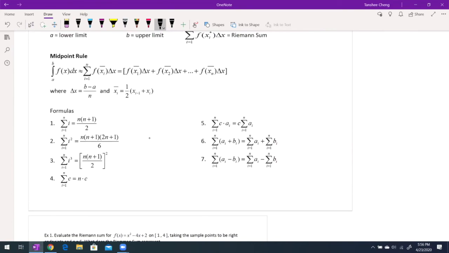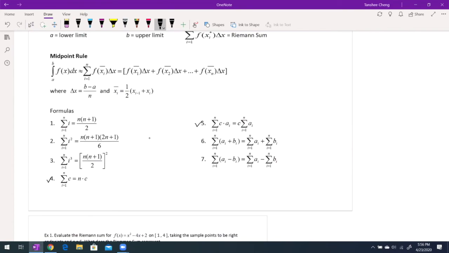And then there are the summation properties. If you have the summation of the same constant number n many times, repeated addition is the same thing as multiplication, so that's why it's n times the constant.